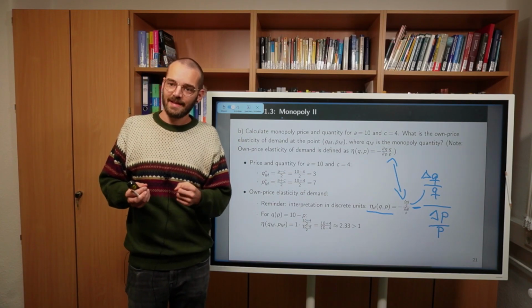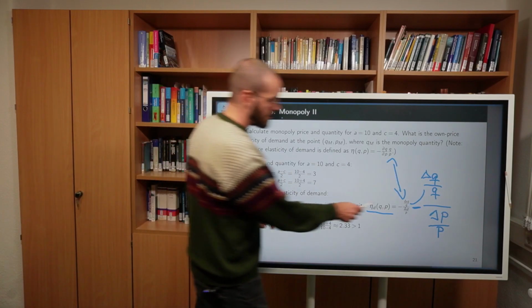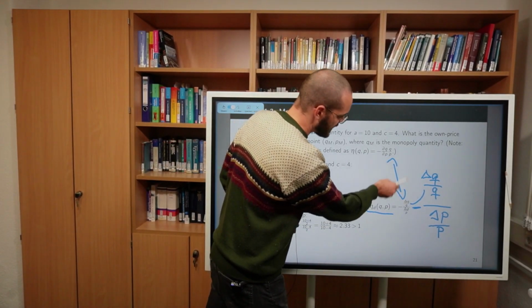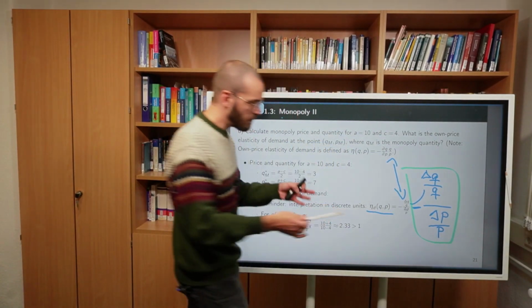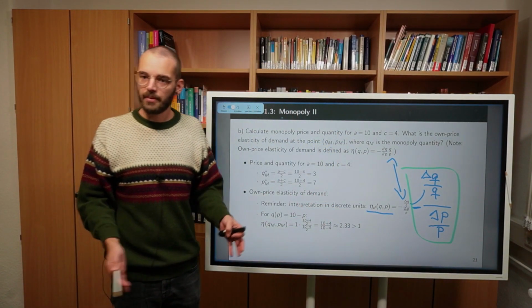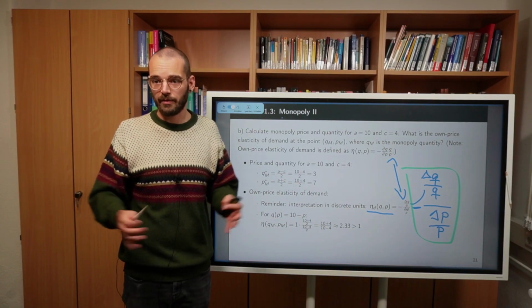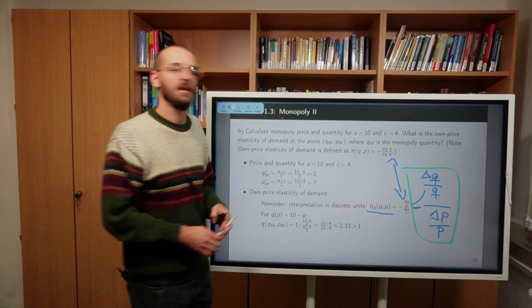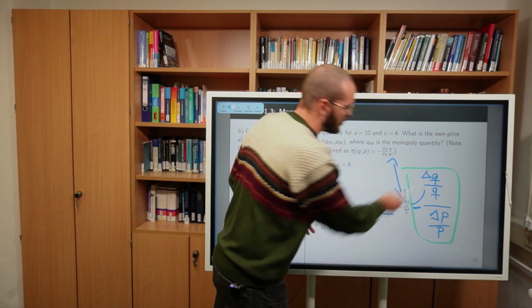Or to put it maybe even simpler, given a change in price of, for example, 1%, what is the according relative change in quantity?